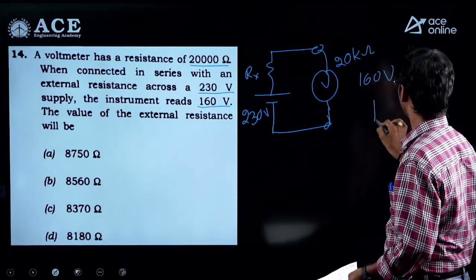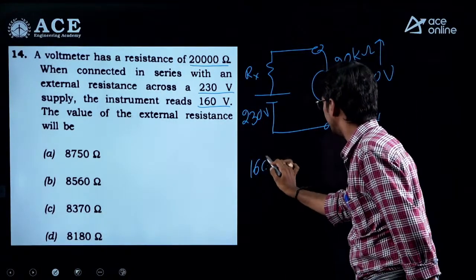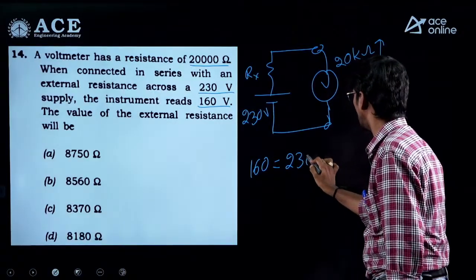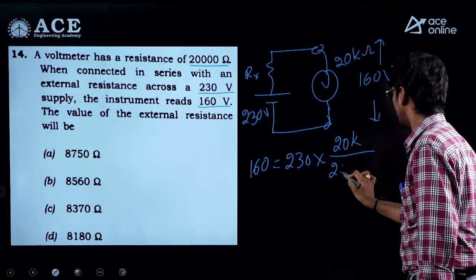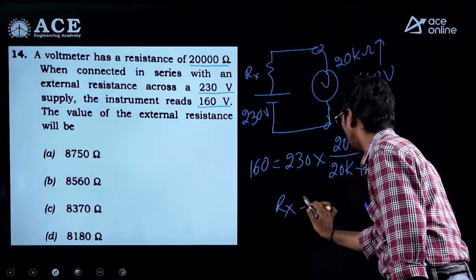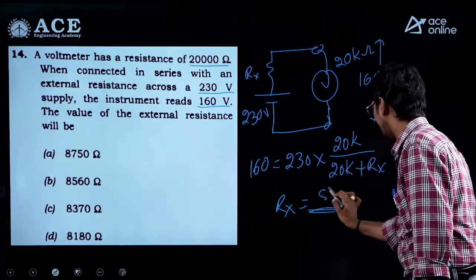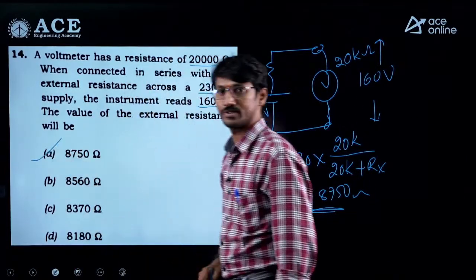If you apply the voltage division law, 160 is equal to 230 into 20 kilo by 20 kilo plus Rx. You are going to get the value of Rx as 8750 ohm. So the answer here is directly the first option.